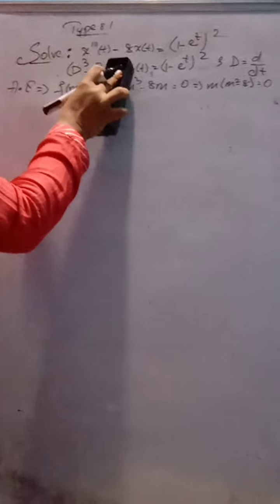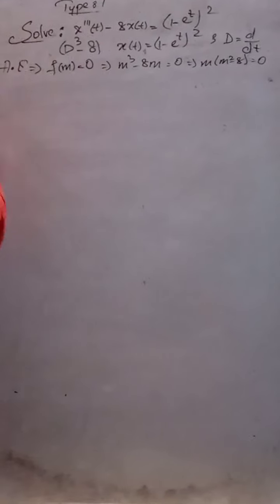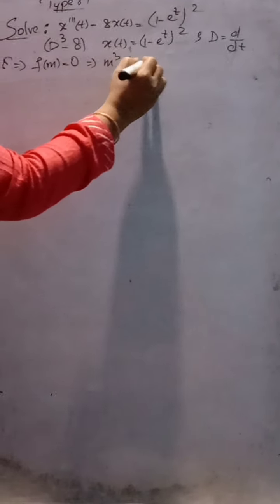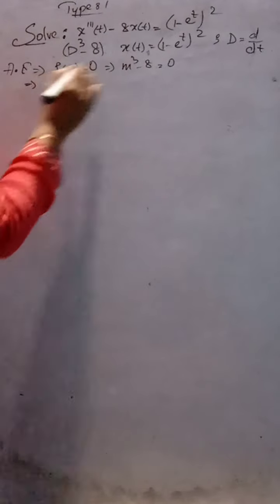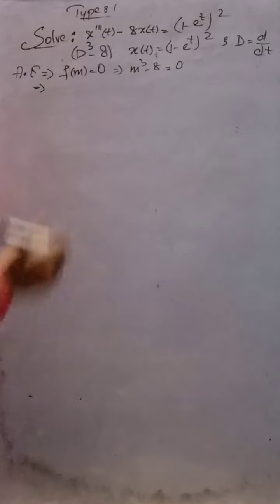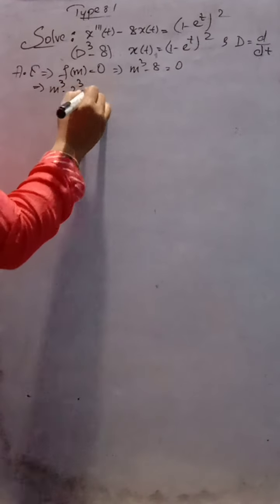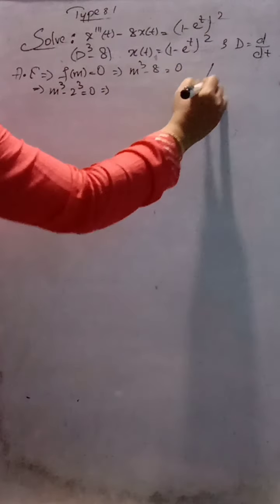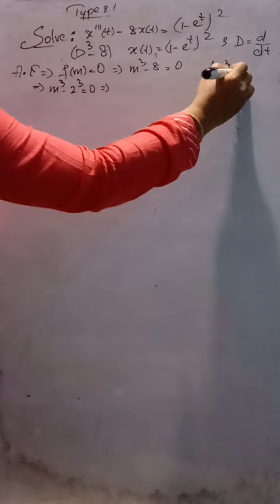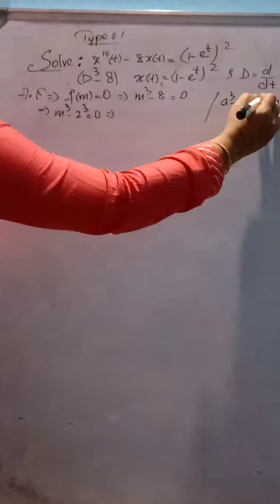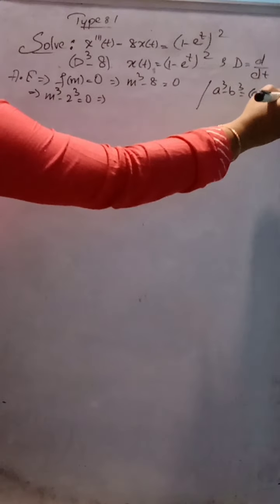It's not the D. There's no derivative. Just hold on. Okay. So, m cube minus 8 is equal to 0. So, we can write this in the a cube minus b cube format. I will write the formula here. A cube minus b cube is equal to (a minus b) into (a square plus ab plus b square).